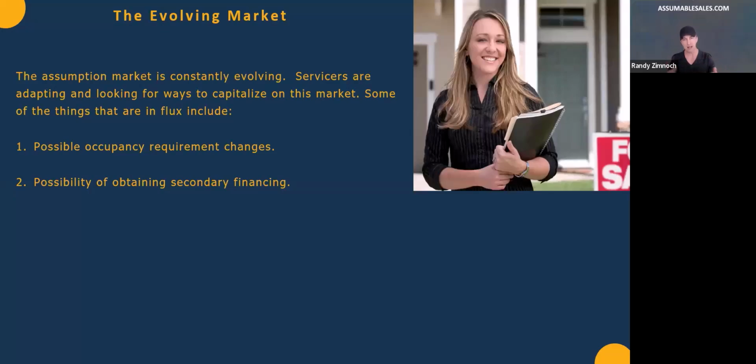And when that does happen, the floodgates will open up for more opportunities for you, the buyer. If you're looking to get secondary financing, you'll have a lot more options because there are plenty of options in the secondary mortgage market that are not assumable. And then you as a seller will have a lot more buyers wanting your property, which is a good thing for both parties. So yeah.